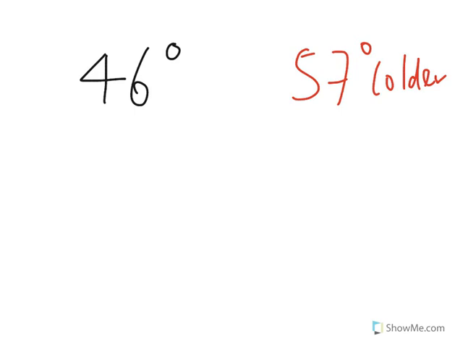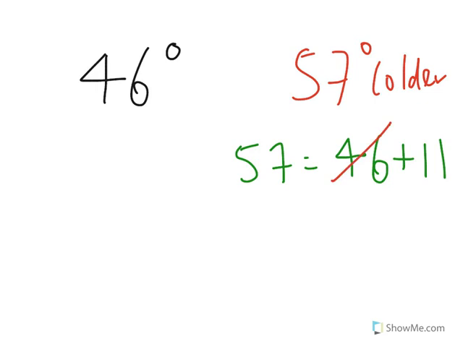The easiest way to do this is probably just to see that 57 equals 46 plus 11. If I get rid of this 46, that brings the temperature down to 0, so it must have been 11 degrees below 0. So the answer to 3 is 11 degrees below 0, or minus 11 degrees.